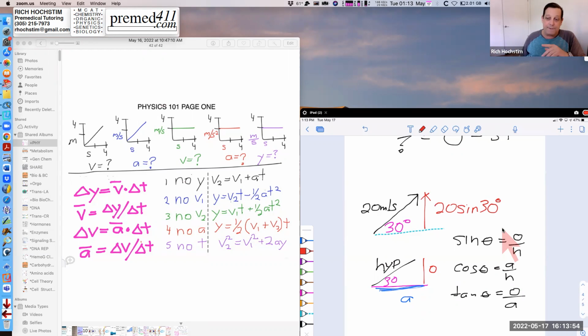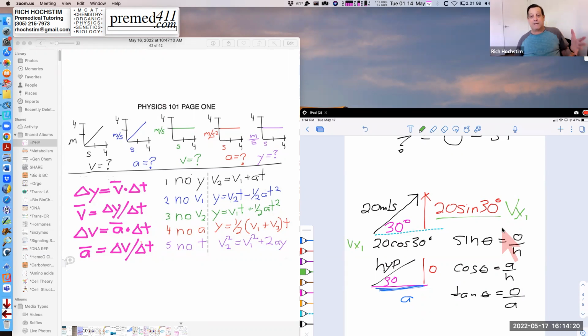And then over here, this is going to be 20 cosine of 30. Now, what this gives you is the initial velocity in the y direction, and the initial velocity in the x direction.